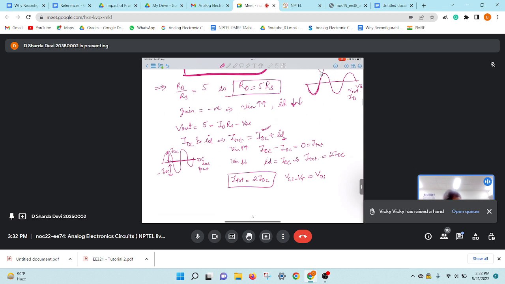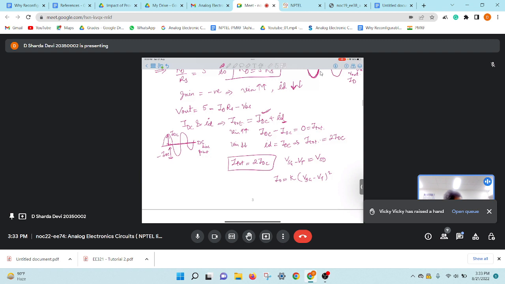We know that ID equals K VSG minus VT whole square. Here we write VSG so we don't get confused, since it is a PMOS. What I am saying is twice IDC equals K VSG minus VT whole square.